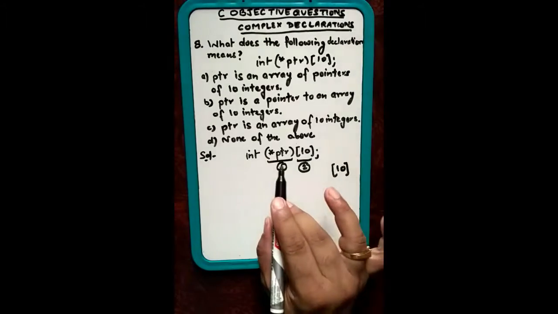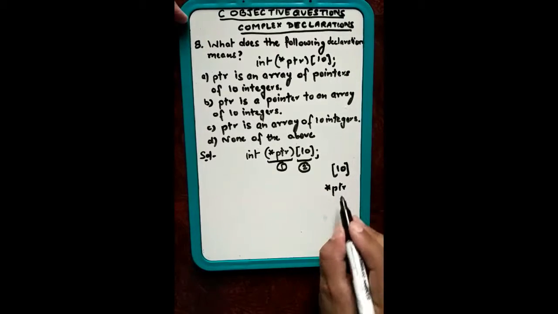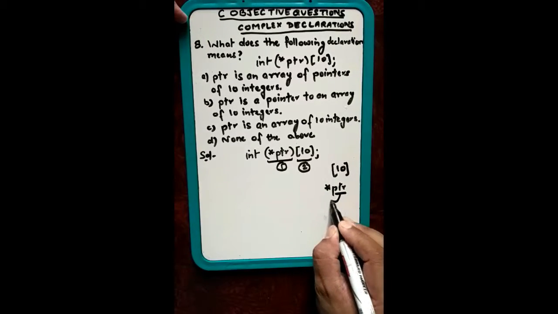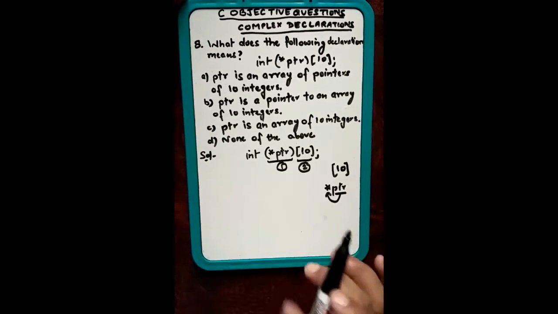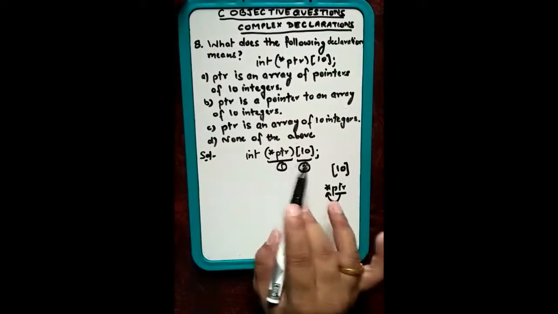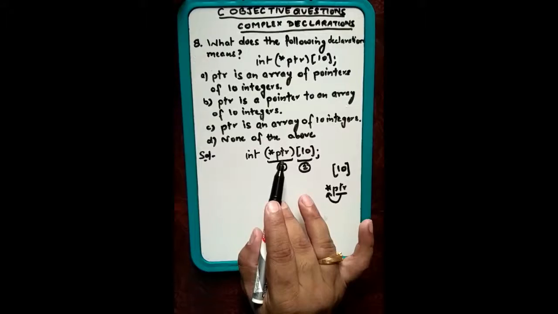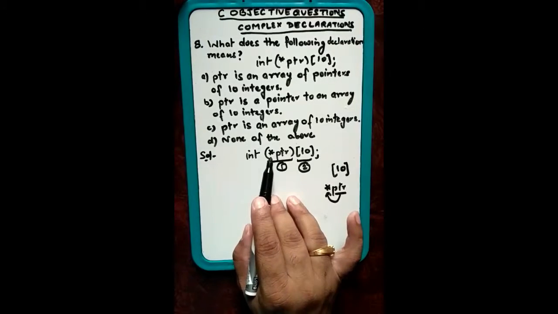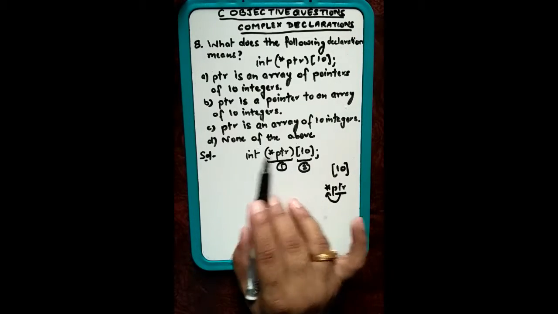Now this part is the asterisk and then ptr, that is, ptr is a pointer, that is, ptr is returning an address. Now if we check the meaning of this declaration, if we combine the first and second parts, then you can see ptr is a pointer to an array of 10 integers.